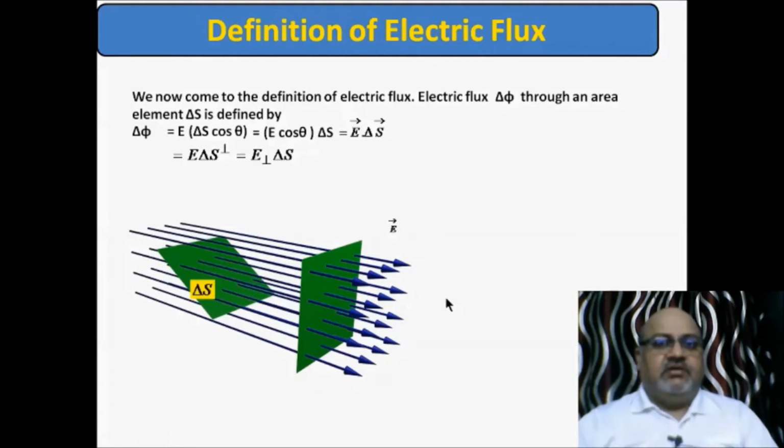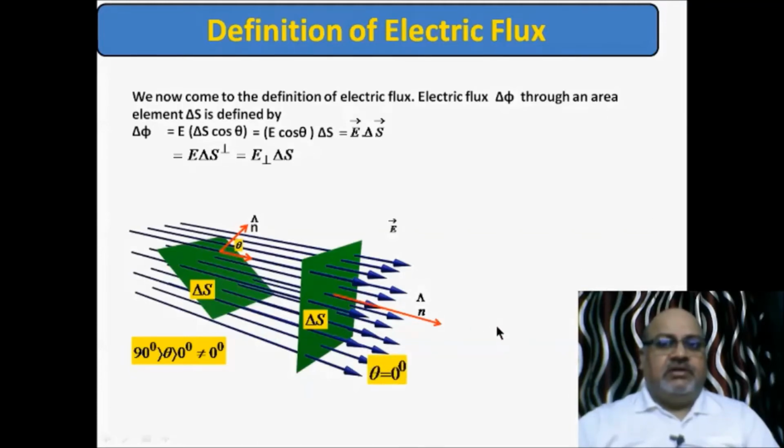This is delta S. This is the unit vector perpendicular to the surface, normal to the area element, making angle theta with the direction of electric field. Theta is less than 90 degrees, greater than 0 degrees, not 0. Here in this case, the same area element is exactly perpendicular. N cap is the unit vector along the normal, and theta is here 0.